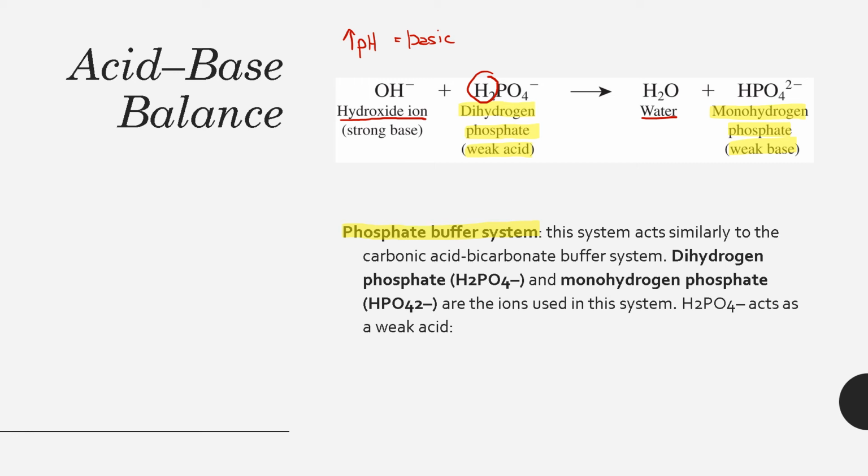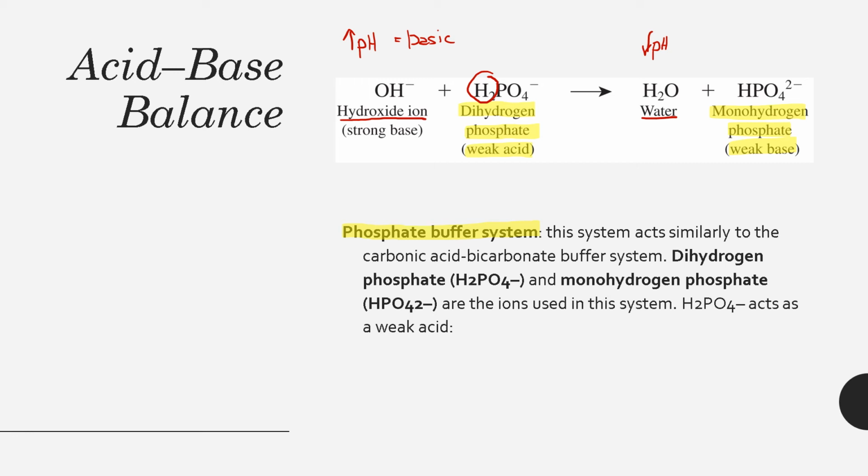But by removing those hydroxide ions from solution, we are making the solution less basic as well. So even though we don't have exactly any more free-floating hydrogen ions on the right of this equation, by getting rid of those free-floating hydroxide ions, we are still decreasing the pH on the right of this equation here.